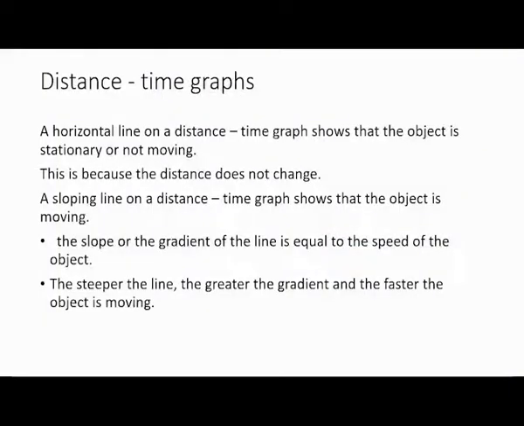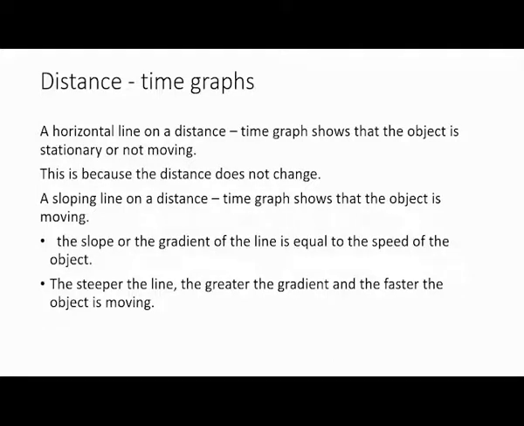Starting with the topic that we are considering as most challenging, we'll start with the distance-time graph. The distance-time graph is a graph where we have distance on the vertical axis and time on the horizontal axis. Students are expected to be able to explain different sections of the distance-time graph.